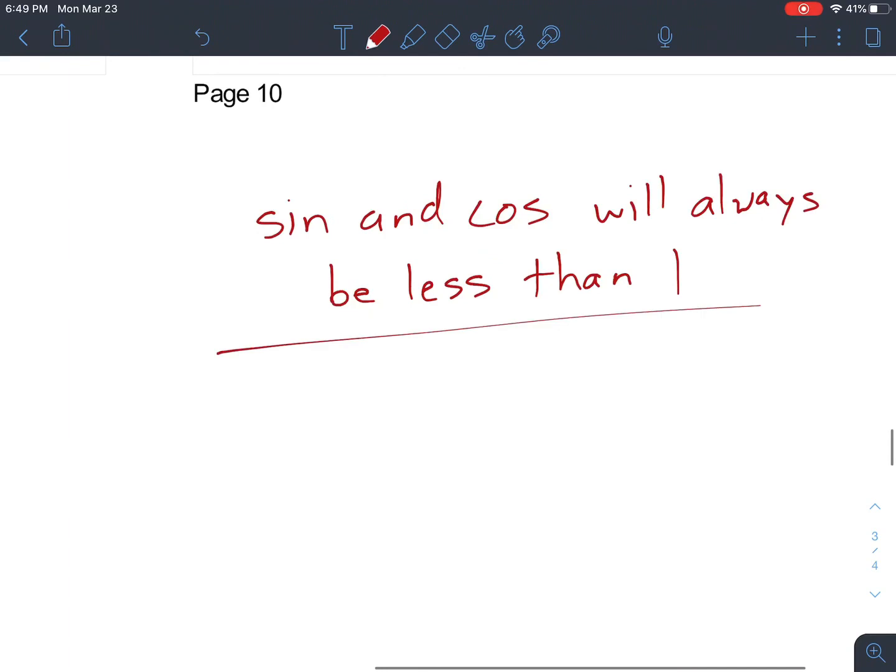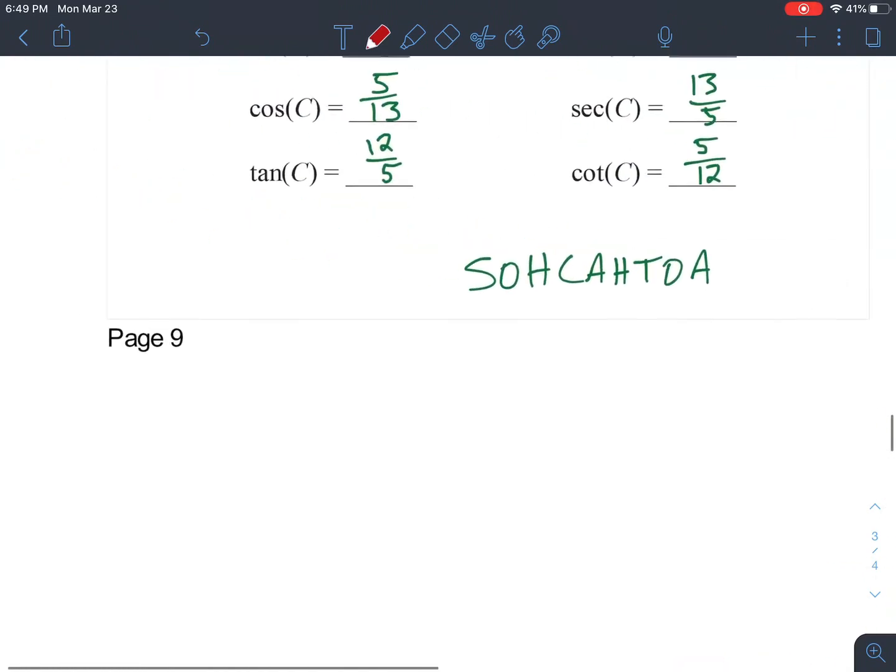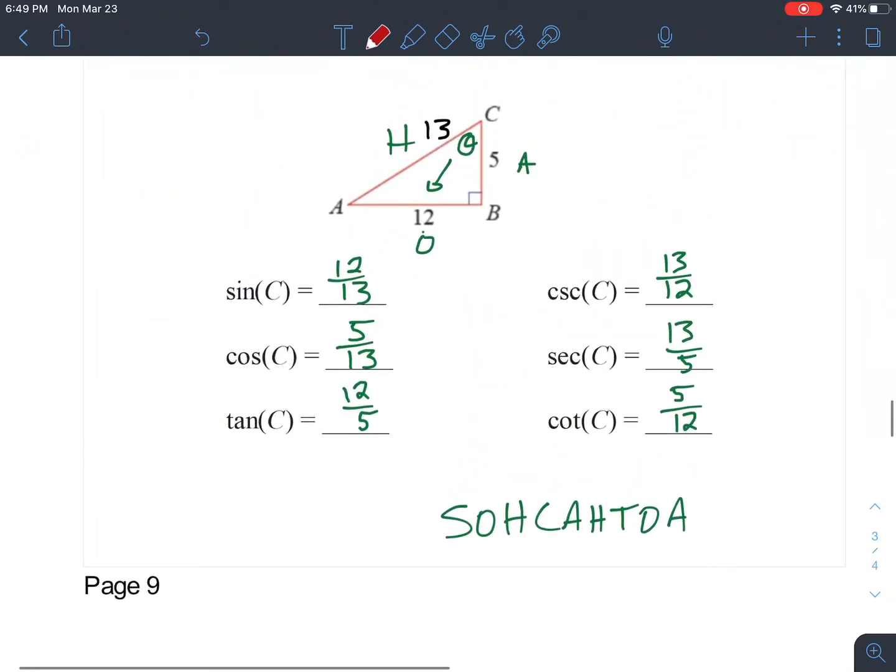Meanwhile, for tangent, tangent is going to be something that is anything between 0 and infinity. And I'm going to go back to this one here. As an example, you could see tangent happened to be larger than 1, whereas sine and cosine still were less than 1.